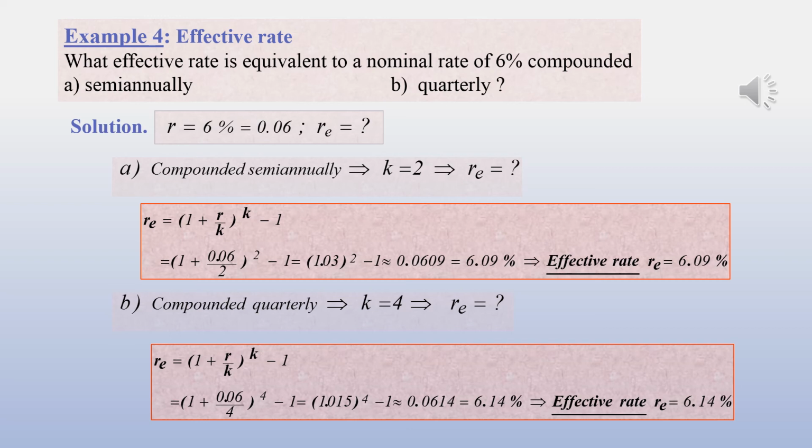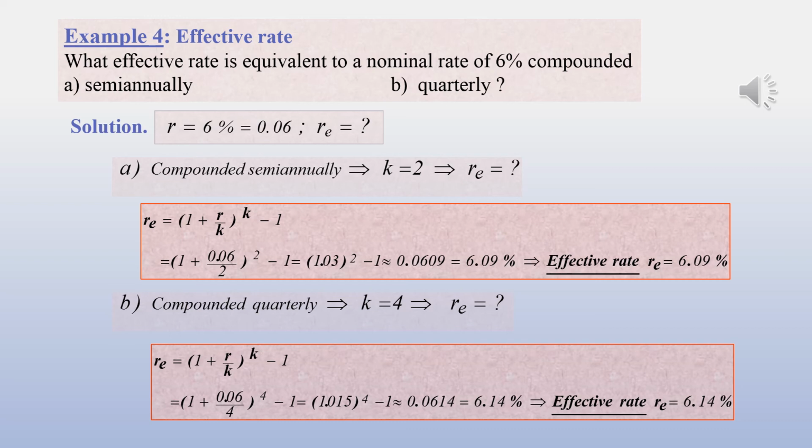We use the formula of effective rate that we have previously. Re is equal to (1 plus R over K) to the degree of K, minus 1. We substitute the value of R equal to 0.06 and the value of K equal to 2. So Re is equal to (1 plus 0.06 over 2) to the degree of 2, minus 1.